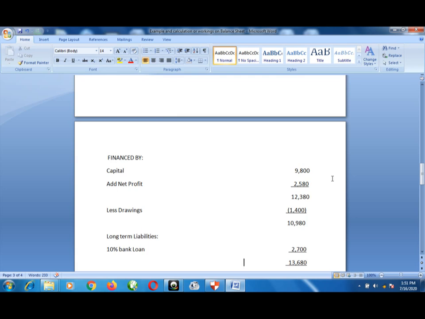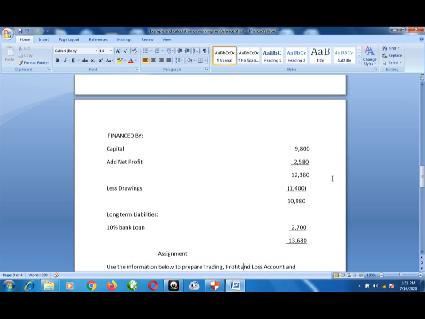So go back to what we have discussed so far, that our capital employed is 30,680 naira. By now you see that the business is being financed by the capital plus the net profit, minus the drawings, plus long-term liability, which also equals 13,680 naira.